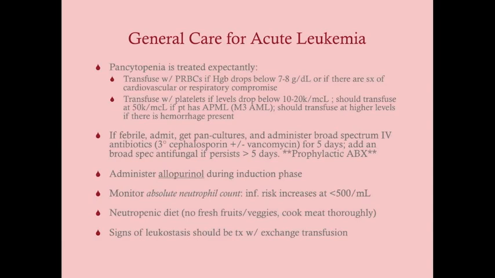All patients with acute leukemia getting chemotherapy should be put on a neutropenic diet, and that means no fresh fruits or veggies because they can carry bacteria, mold, fungi, and meat should be cooked thoroughly. And any signs of leukostasis, being sludging of the blood due to the leukemic white blood cells getting into the bloodstream, that should be treated with exchange transfusion, in which you're taking the patient's blood out and putting whole blood into the patient's bloodstream.